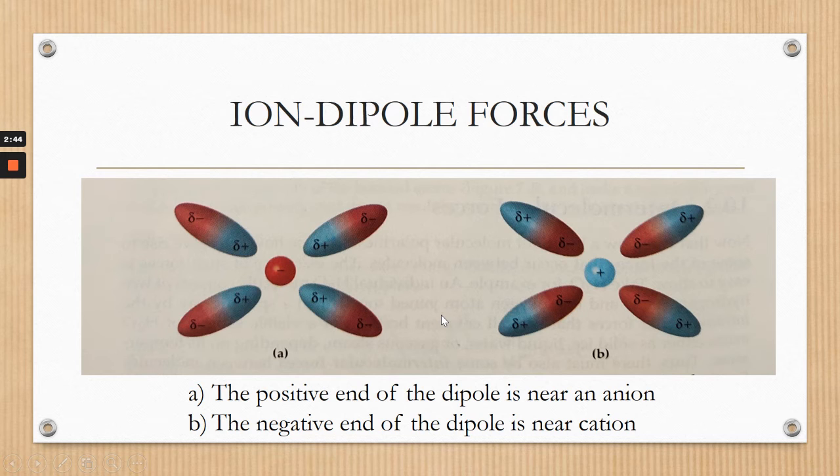So as we expect, the orientation of a polar molecule will be like this. The positive end of the dipole will be attracted to an anion, of course, and the negative end of the dipole will be attracted to the cation.